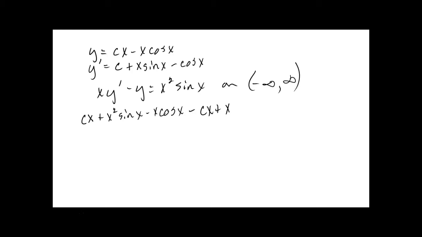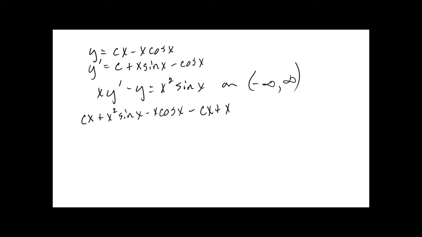We were told that this first line here was the solution for the third line, that differential equation. So we're trying to verify that by figuring out what y prime is on the first line and then plugging that into the third line.